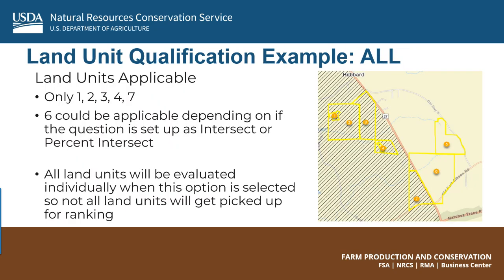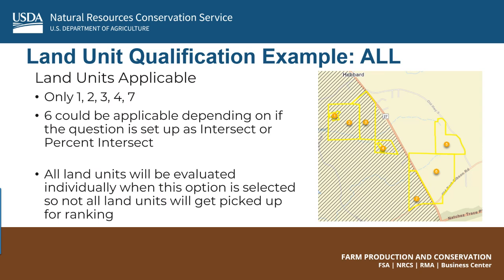For the all qualification, with the same assessment, only fields 1, 2, 3, 4, and 7 actually fall within the layer or the shaded area. We do have the possibility, depending on how that question is set up, if it is an intersect type geospatial question, then 6 would come in and be able to be evaluated in the ranking pool.